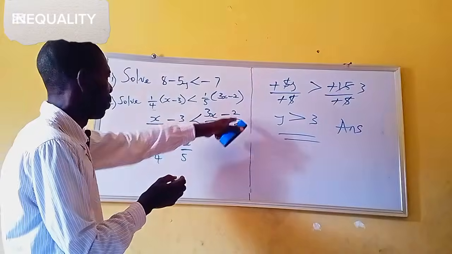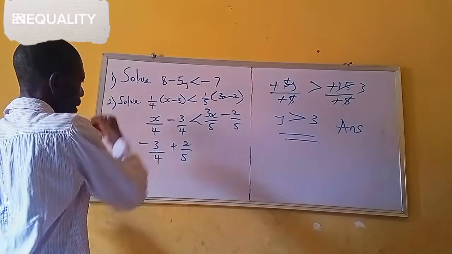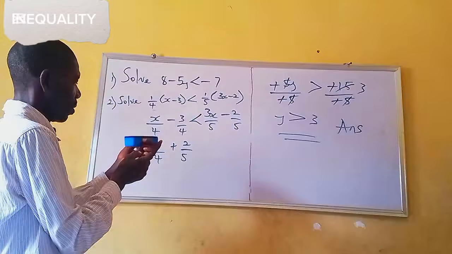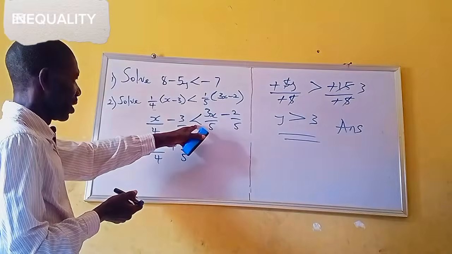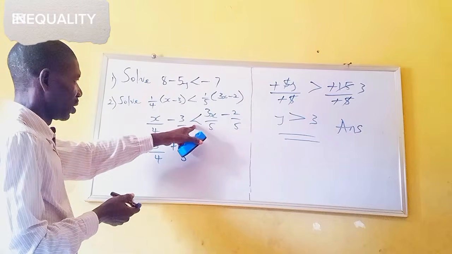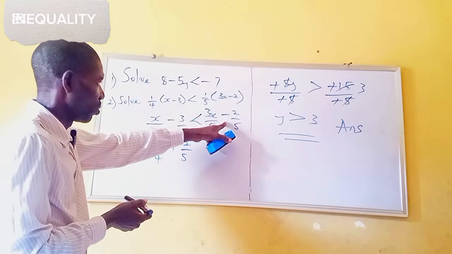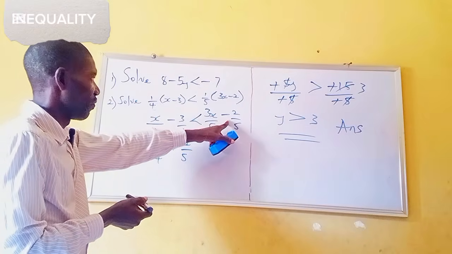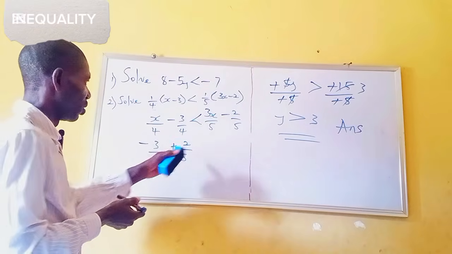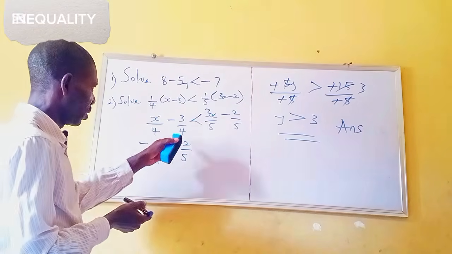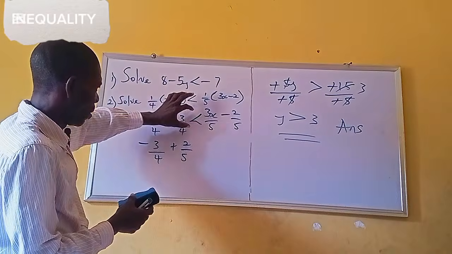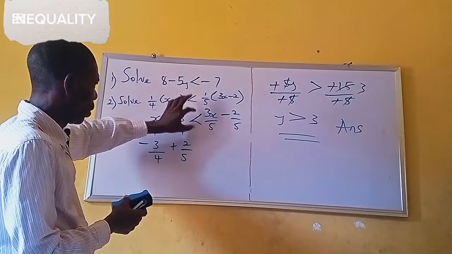This minus 2 over 5 is crossing to this side. Anytime it's crossing the inequality sign, the sign that is before it will change. Okay, the sign that is before it will change, because this also refers to equal to.